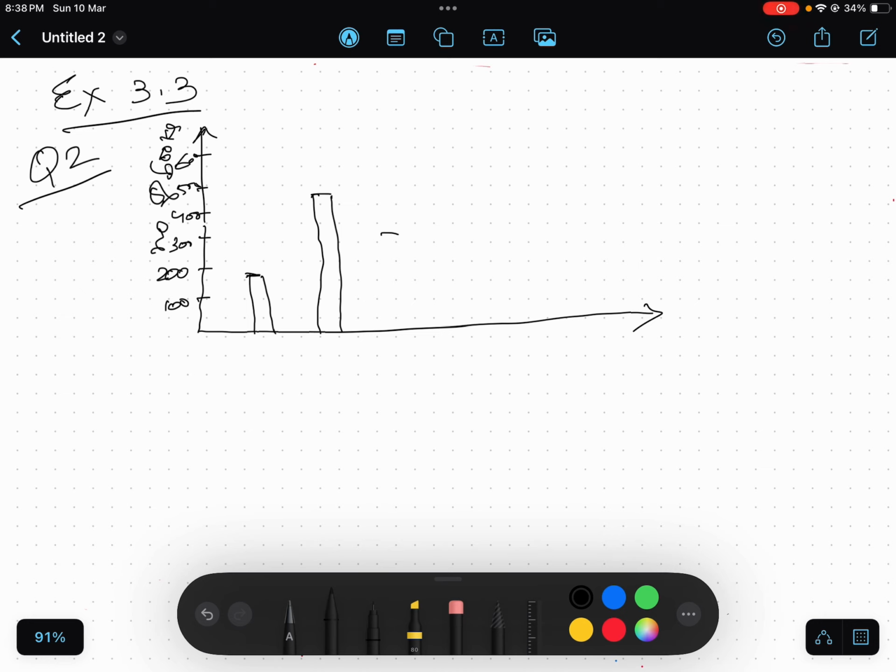So I'm just showing it like this. And then in 1992 it was almost 225. So I'm showing it like this. And then in 1993 it was about 600.